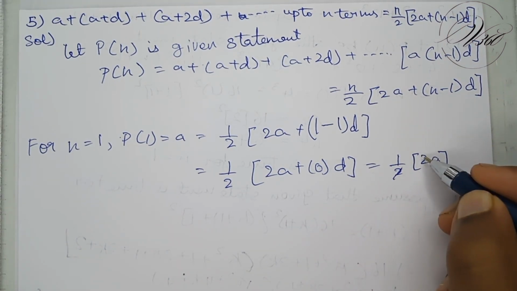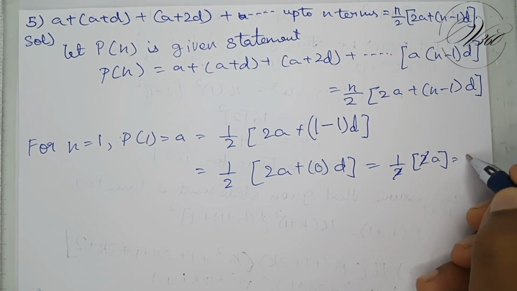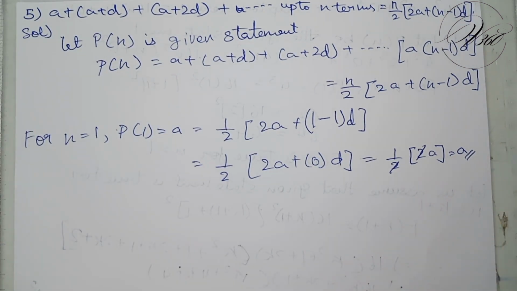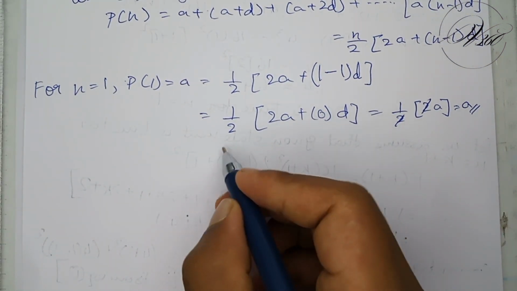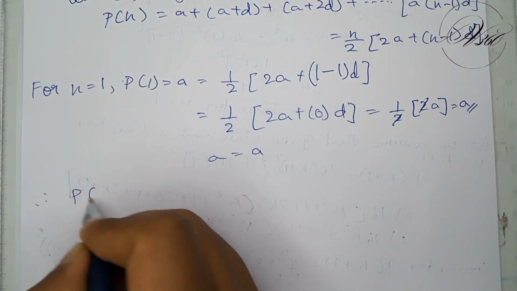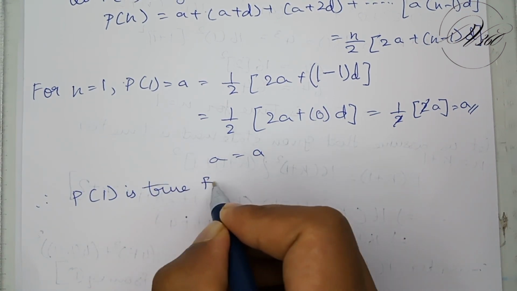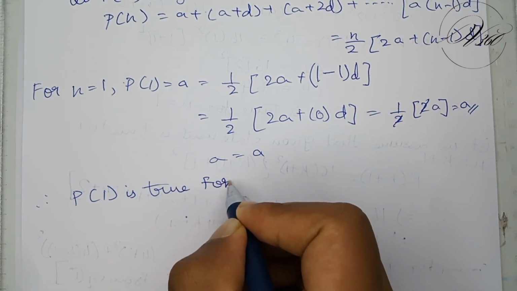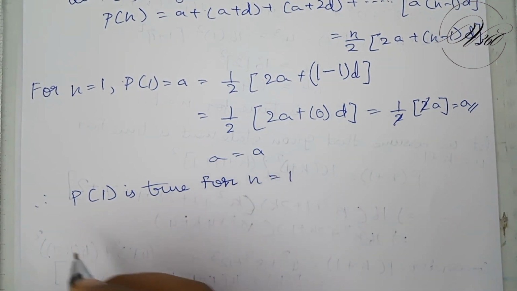And here in multiplication we'll divide 1 by 2 and 2a. 2 gets cancelled and it will become a. Okay, here a equals a, therefore p of 1 is true for n equals 1.